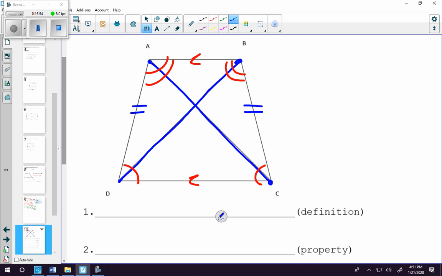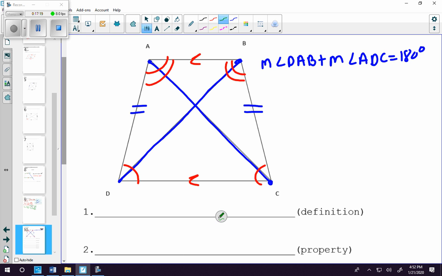So the measure of angle DAB plus the measure of angle ADC equals 180 degrees. So one upper and one lower base angle are supplementary.